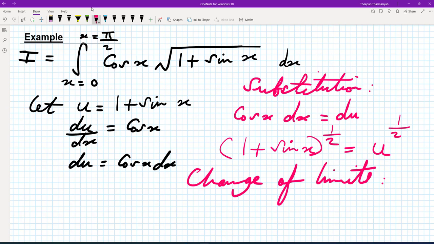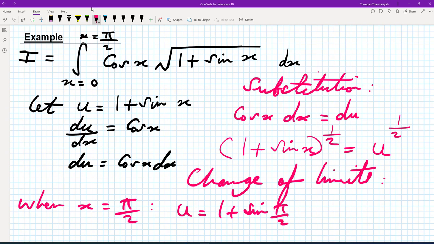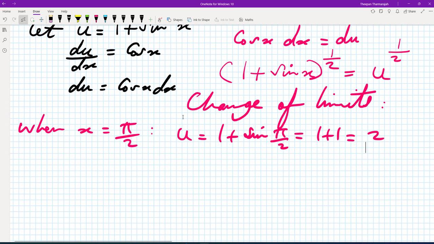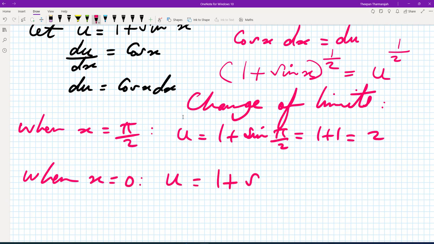When x is pi over 2, u is 1 plus sine pi over 2. That's 1 plus 1, which will be 2. Now we do the same when x equals 0: u is 1 plus sine of 0. That's 1 plus 0, which is 1.